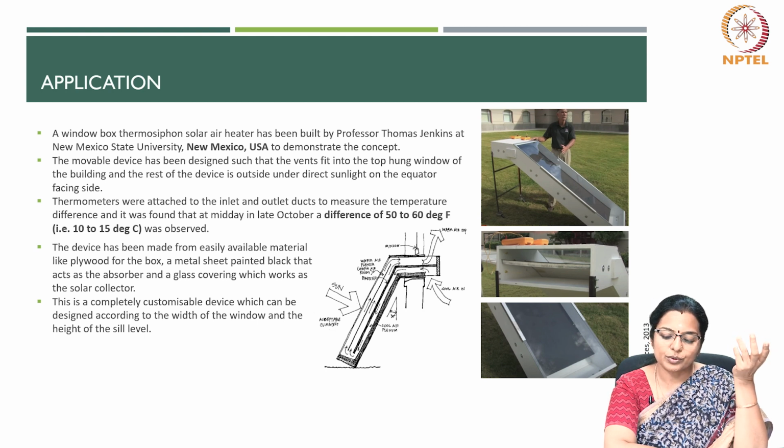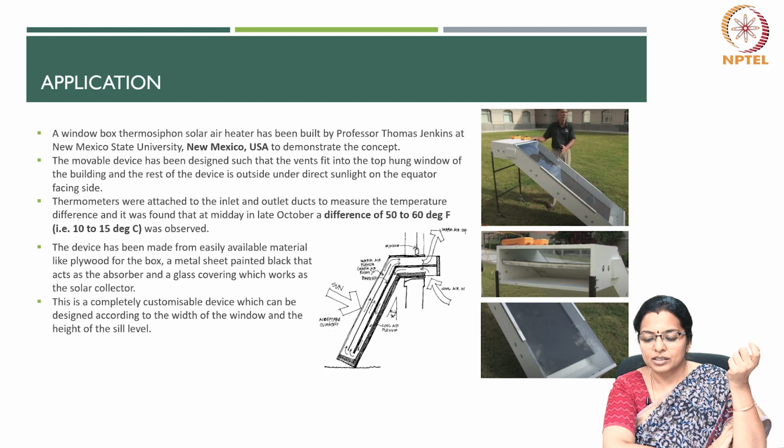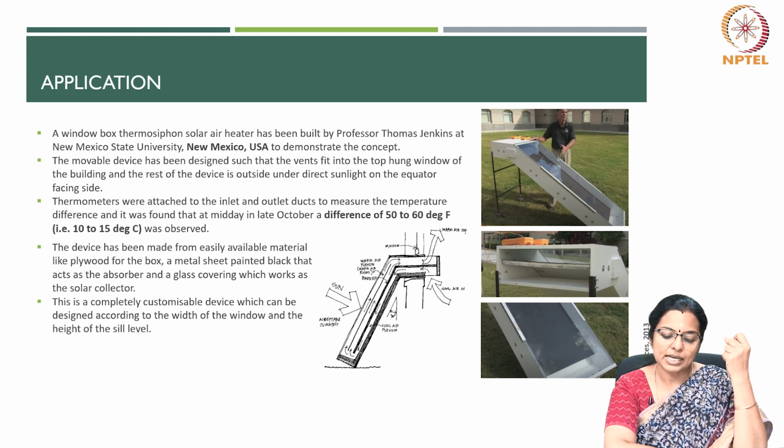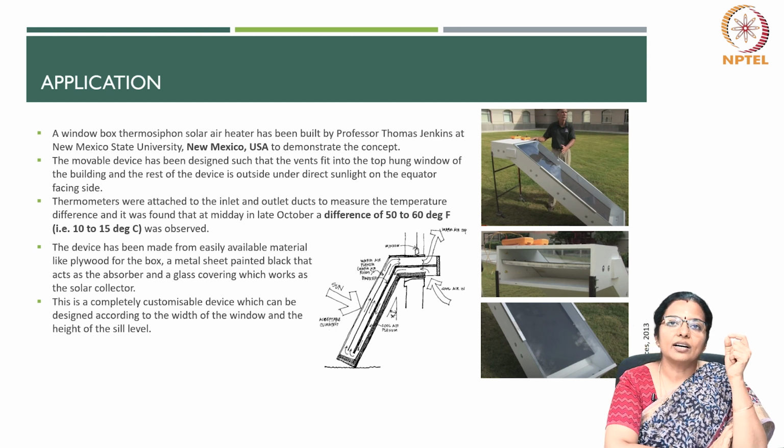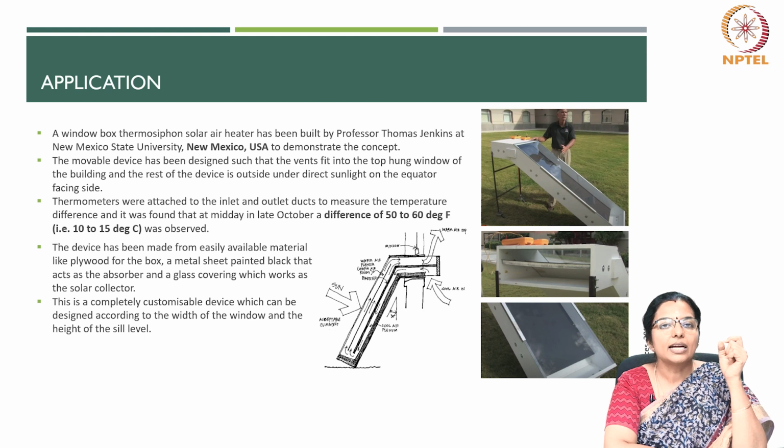Thermometers were attached to the inlet and outlet ducts to measure the temperature difference, and it was found that in midday in late October, a difference of 50 to 60 degree Fahrenheit, that is 10 to 15 degrees centigrade, was observed.